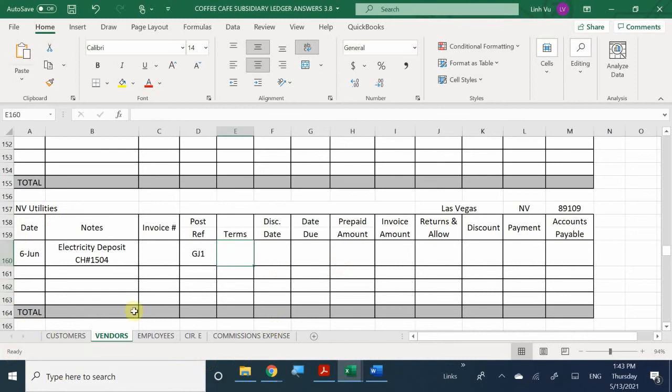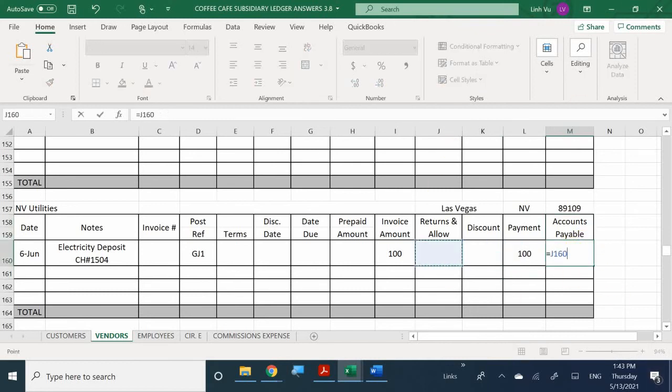As if when you requested the electricity to turn on, in order to turn it on, you have to pay $100, and because you have to pay $100, you made the payment because you wrote check number 1504. So if you do the formula once again, your invoice amount, subtract any prepaid, subtract any returns, subtract any discounts, and subtract any payments. Therefore, it shows that you do not owe NV Utilities.